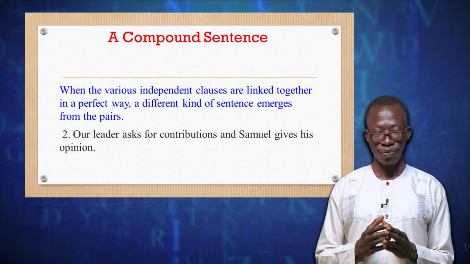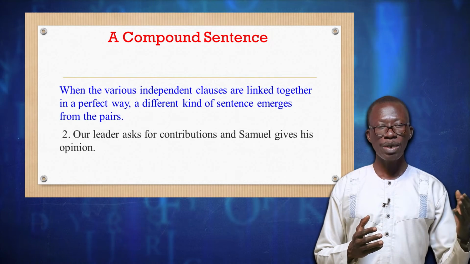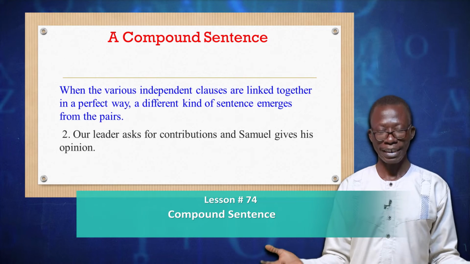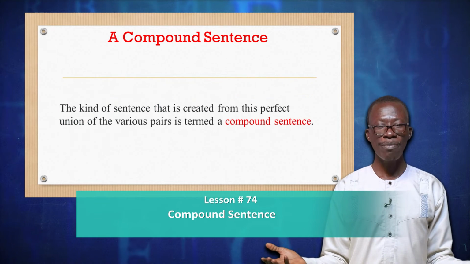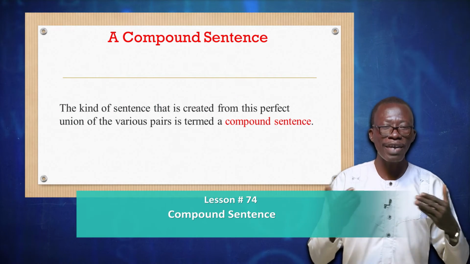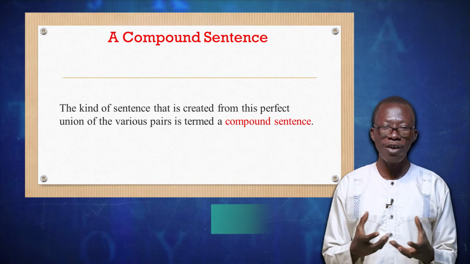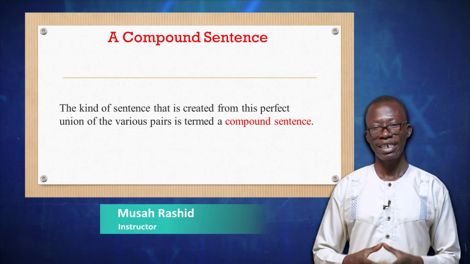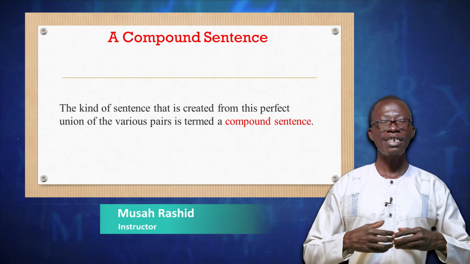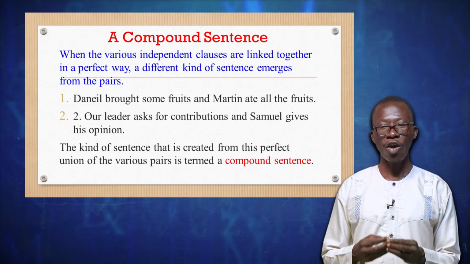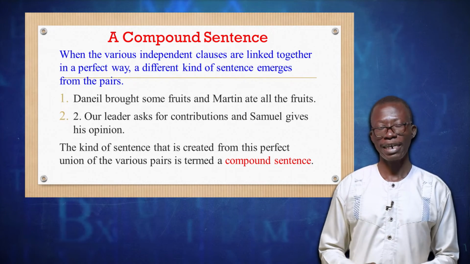When you are able to bring two independent clauses in a perfect union, you are able to link two independent clauses perfectly. A sentence that emerges from such a link is called a compound sentence.